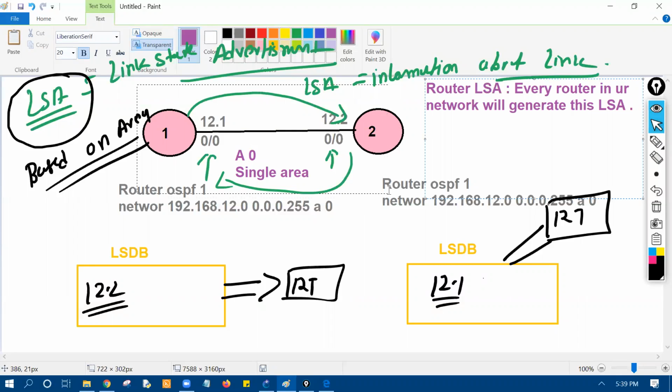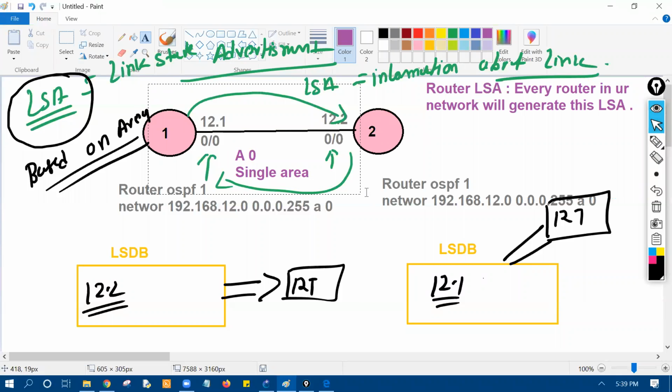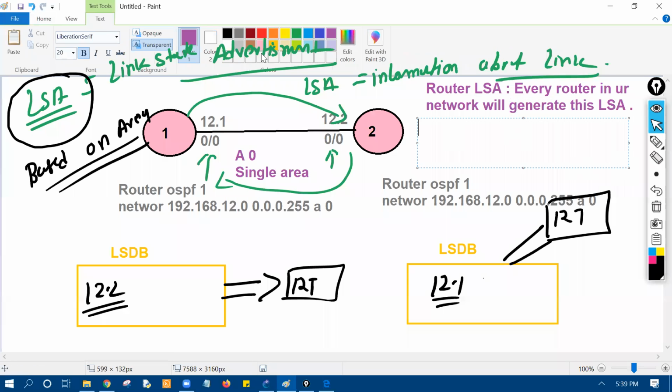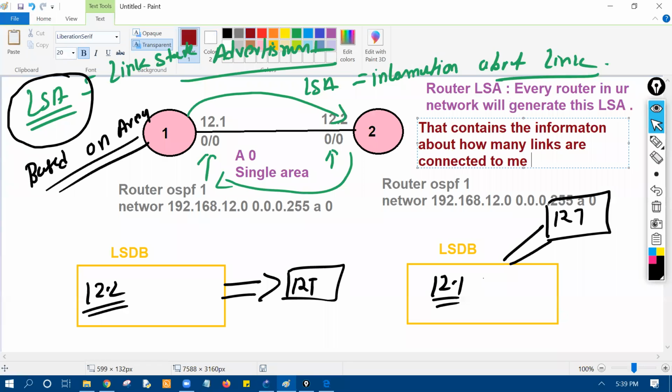So you will have 2 router LSAs. Every router in your network will generate a router LSA, and it contains the information about how many links are connected to me.